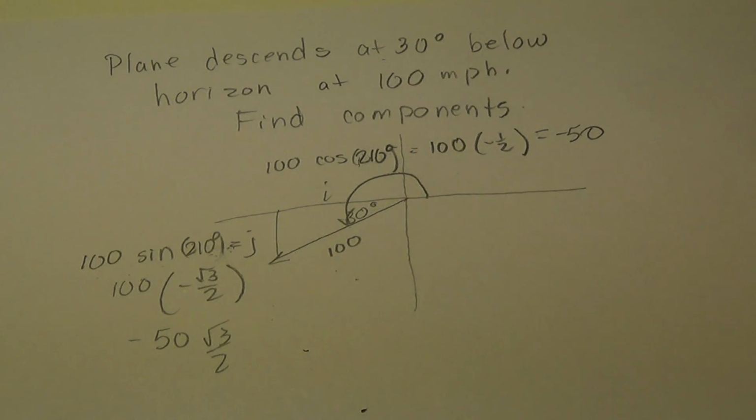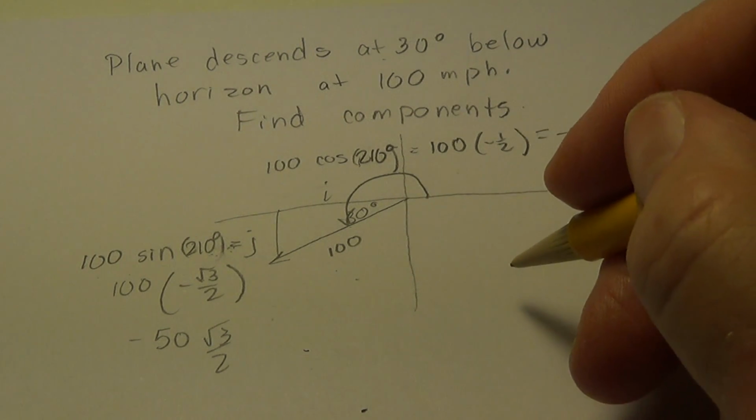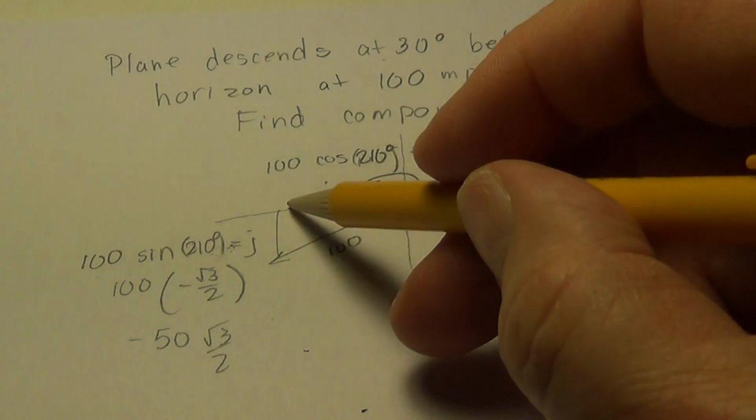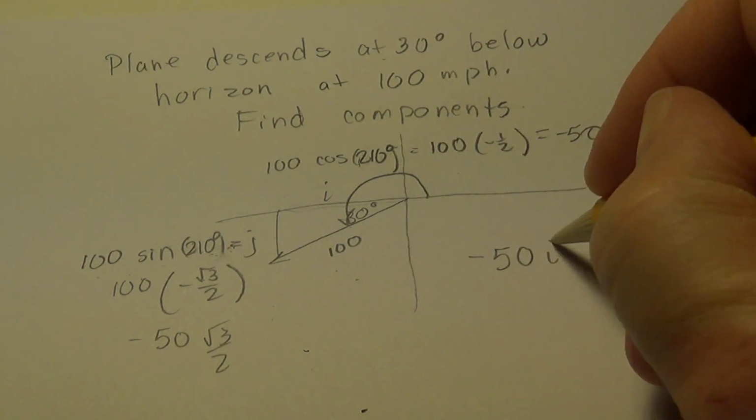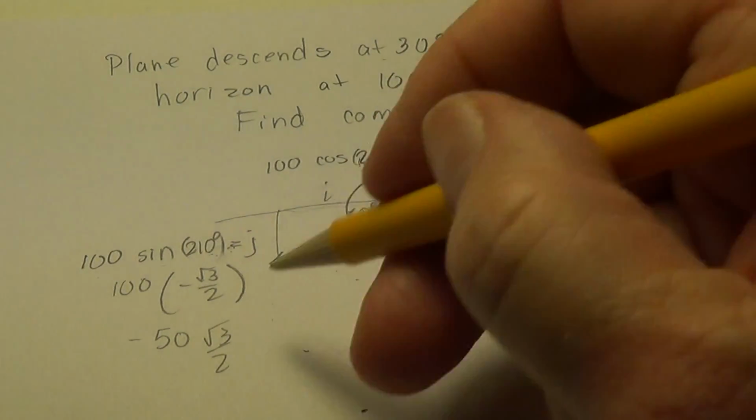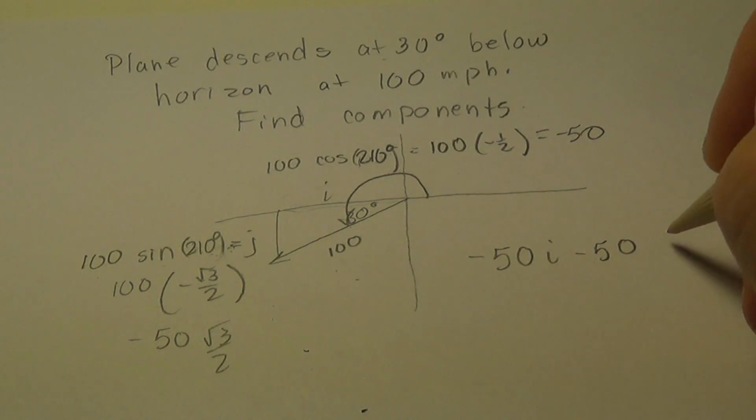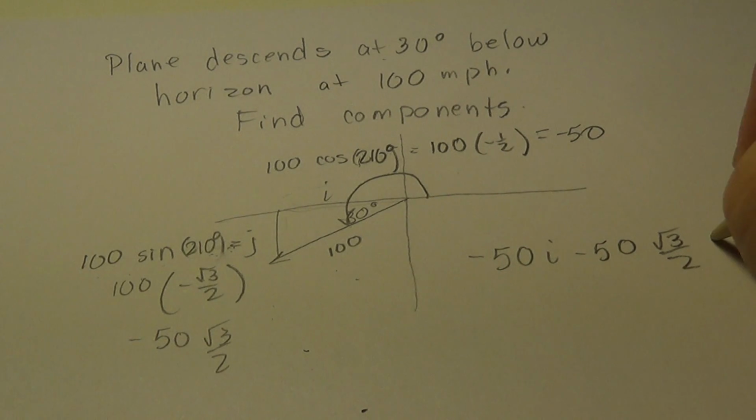So let's put that in a form that makes everyone happy. So the I part right here is negative 50I, and the J part is minus 50 square root of 3 over 2J.